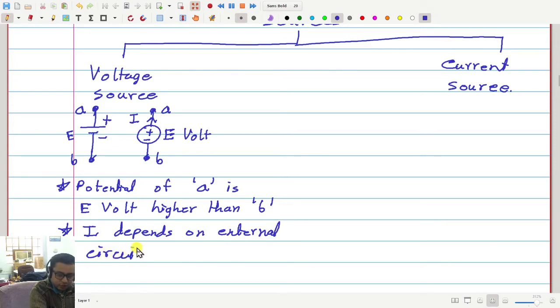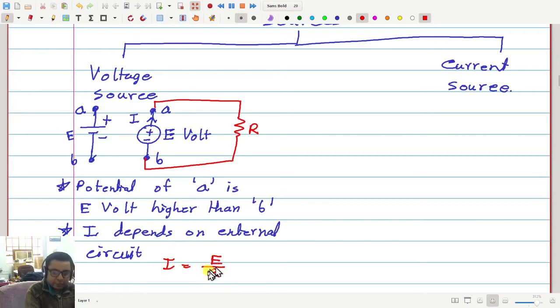So if we connect a resistance whose value is R, then I will be equal to E by R, and that depends on R. Now if I change the value of R, the value of current will also change, but the potential difference will never change between node A and B. That is the property of a voltage source.